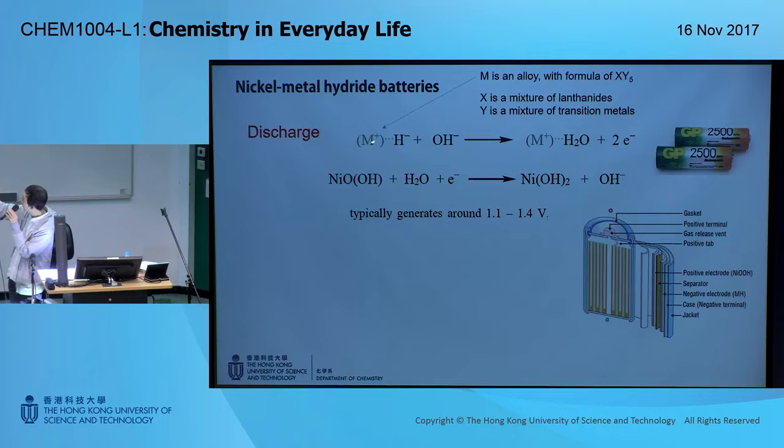So basically the metal holds on to the H-, and the H- is what is being oxidized. We have OH- ions, hydroxide ions, as electrolyte, and that reacts with the H- to form water. And you can see that by forming water, we have 2 minuses, which have to go out as 2 electrons being lost.